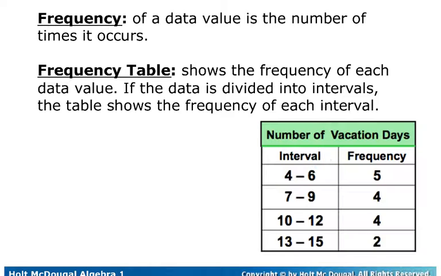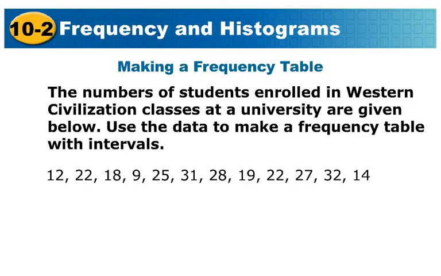So a lot of times with frequency data, it's not just one thing, it's a range of objects that are then encompassing, in this case, for instance, vacation days. And apparently people on vacation from 4 to 6 days happened 5 times, and 7 to 9 days happened 4 times. Pretty 2-week vacation here only happened twice for, I don't know, people in a company.